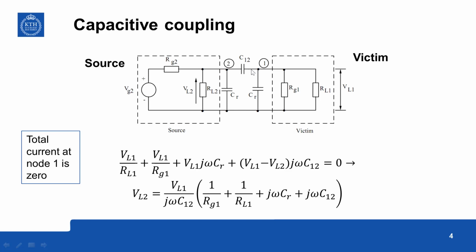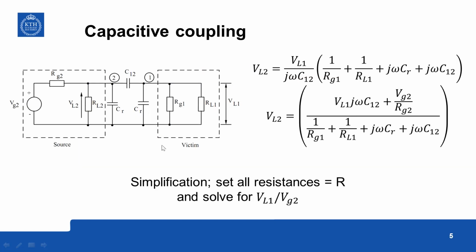Then you will get the voltage difference across this. You can simplify the expressions and you will end up with an expression like this. These types of manipulations you can do at home, so we will not spend too much time following the steps involved in the manipulation. It is basic circuit analysis.